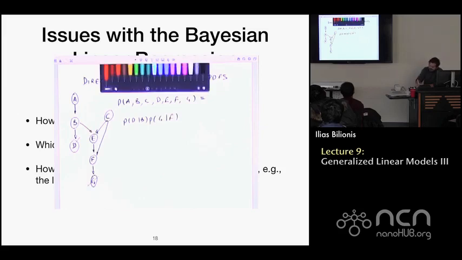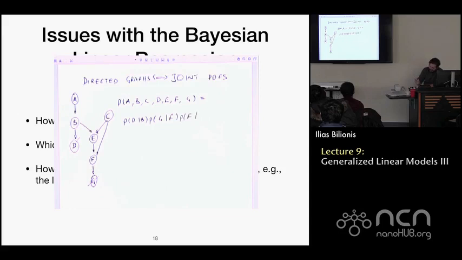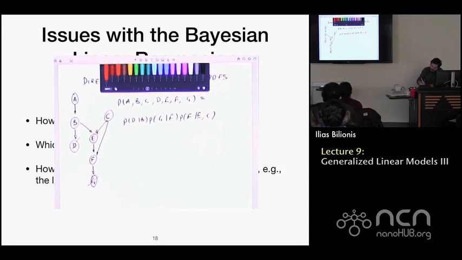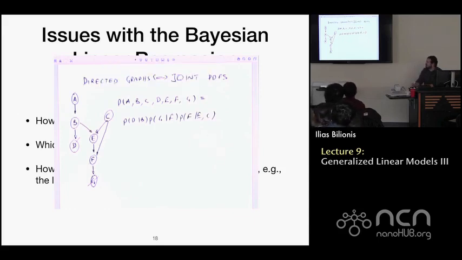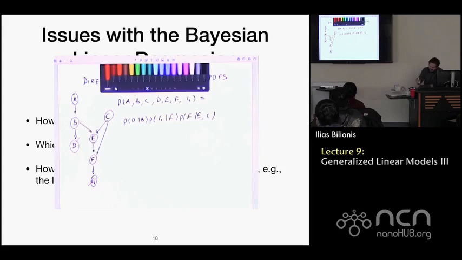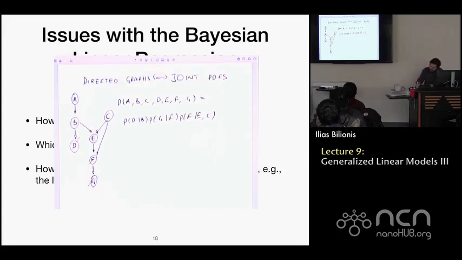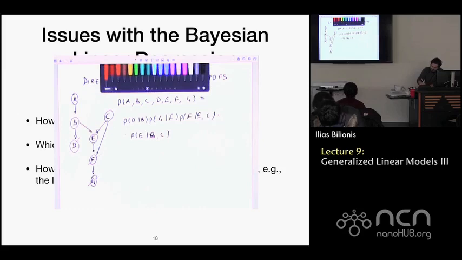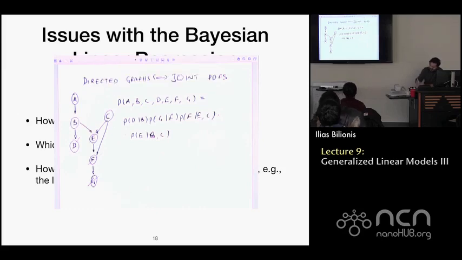Now I can do perhaps F, probability of F. F needs E and C. I'm done now with F. Now let me do E times probability of E, which needs B and C. Okay, so I'm done with E. Now I can just do C. C doesn't have any parents.